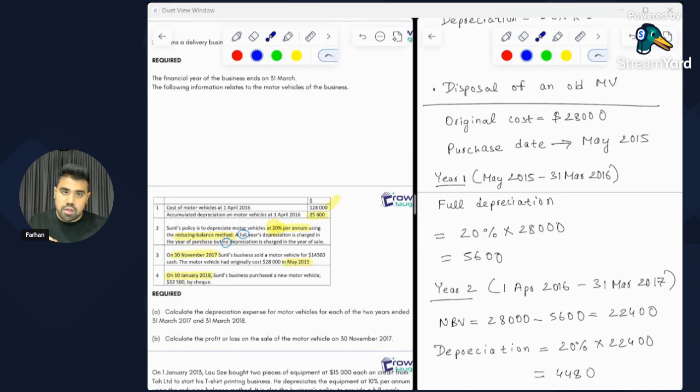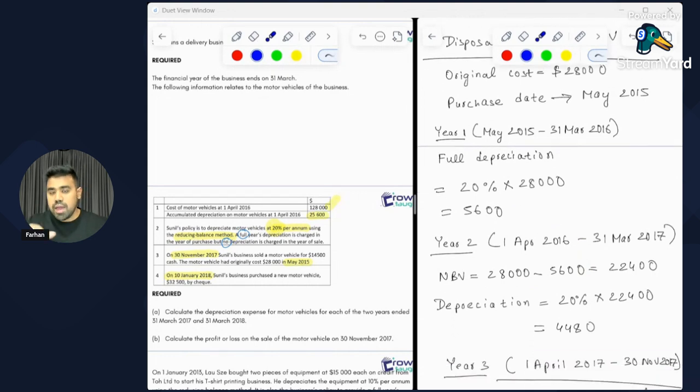The original cost is $28,000, and the depreciation from year 1 is $5,600, which we subtract, leaving a net book value of $22,400. Now we want to find the depreciation in year 2. You simply multiply 20% with 22,400, and you get 4,480 as the total depreciation for year 2.